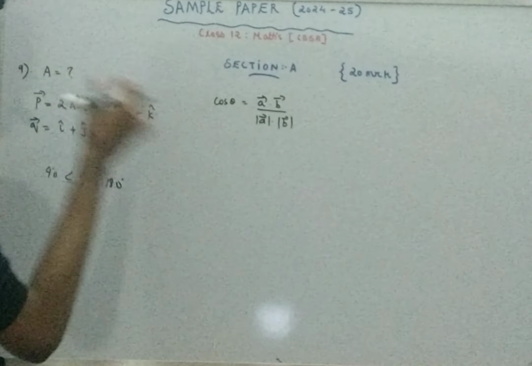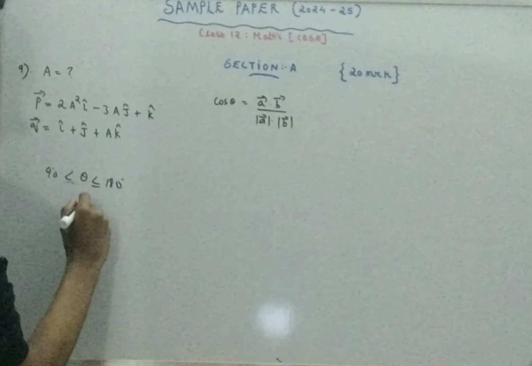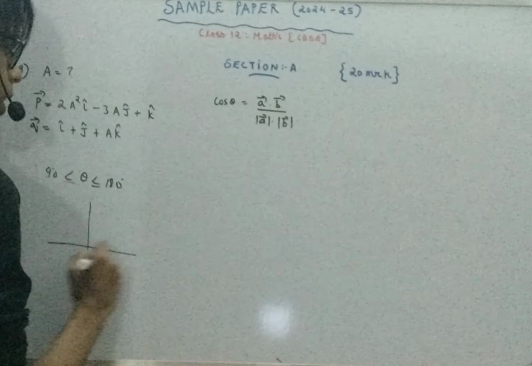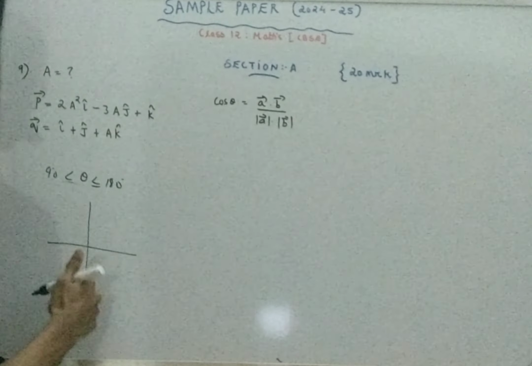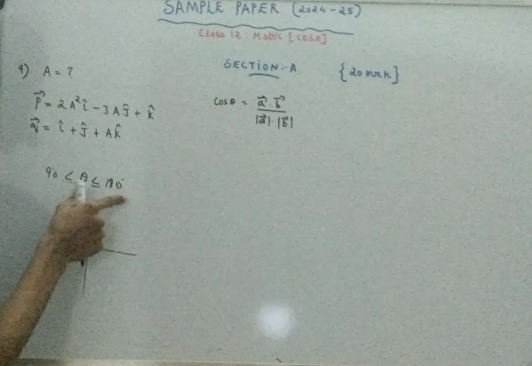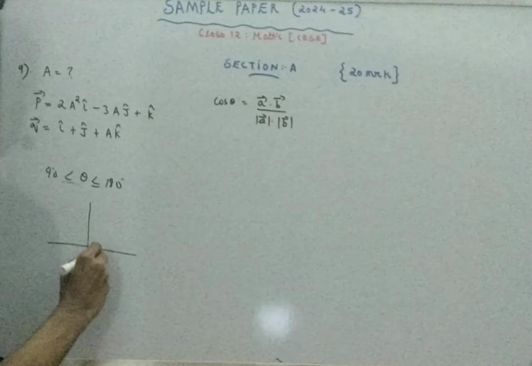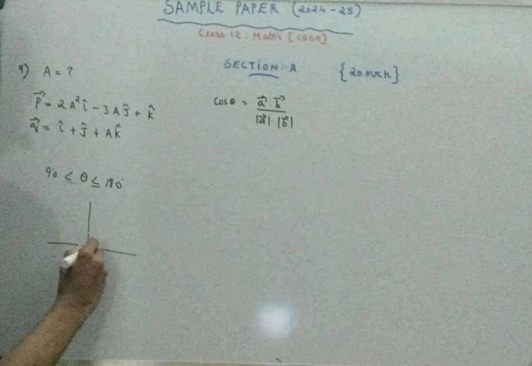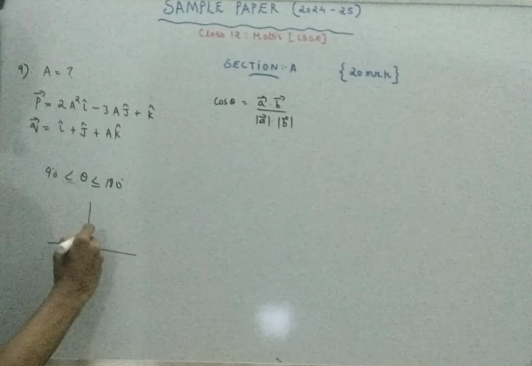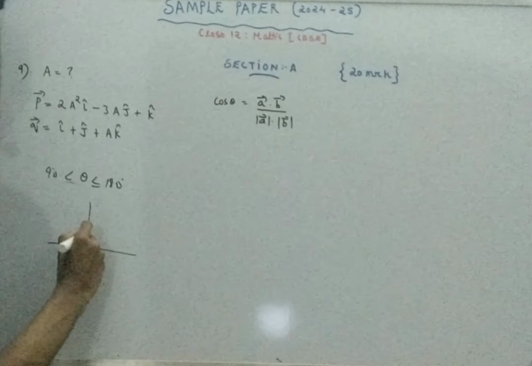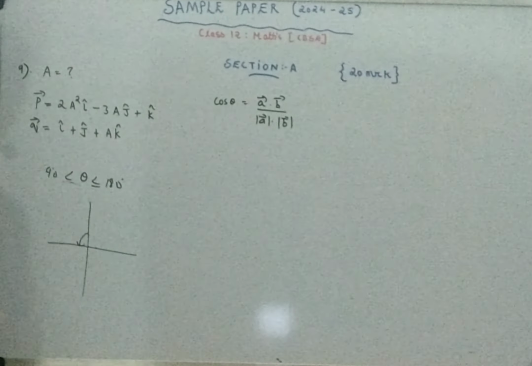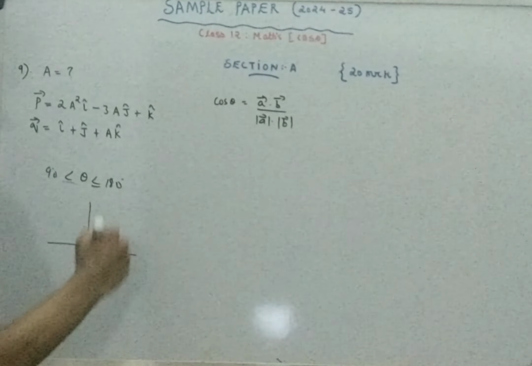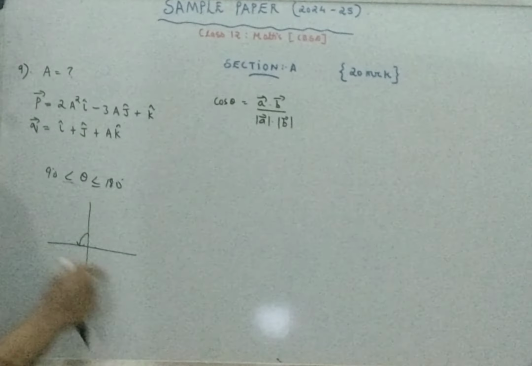Now here we are having cos theta. So let us draw quadrants. This is the first, second, third, fourth. Since it is said it is an obtuse angle, it means we need to start from 90 degrees to 180 degrees, which means this quadrant, isn't it? And we know the rule: all silver tea cup.